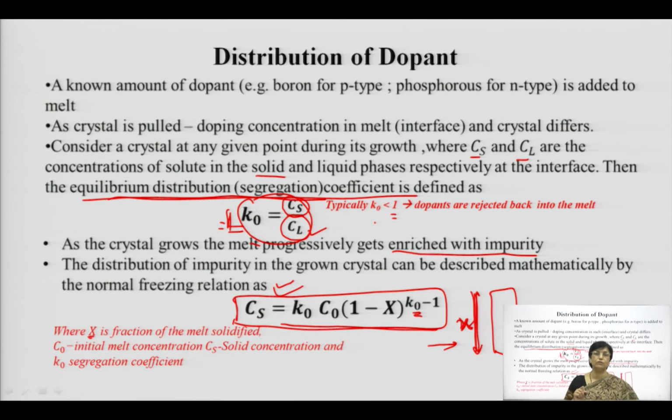So, that ratio is also very important. Along with it, the maximum pull rate is also important, as we have seen in the earlier equation. So, all these factors will decide the height of the ingot which is getting formed, as well as the diameter of the ingot which is getting formed.